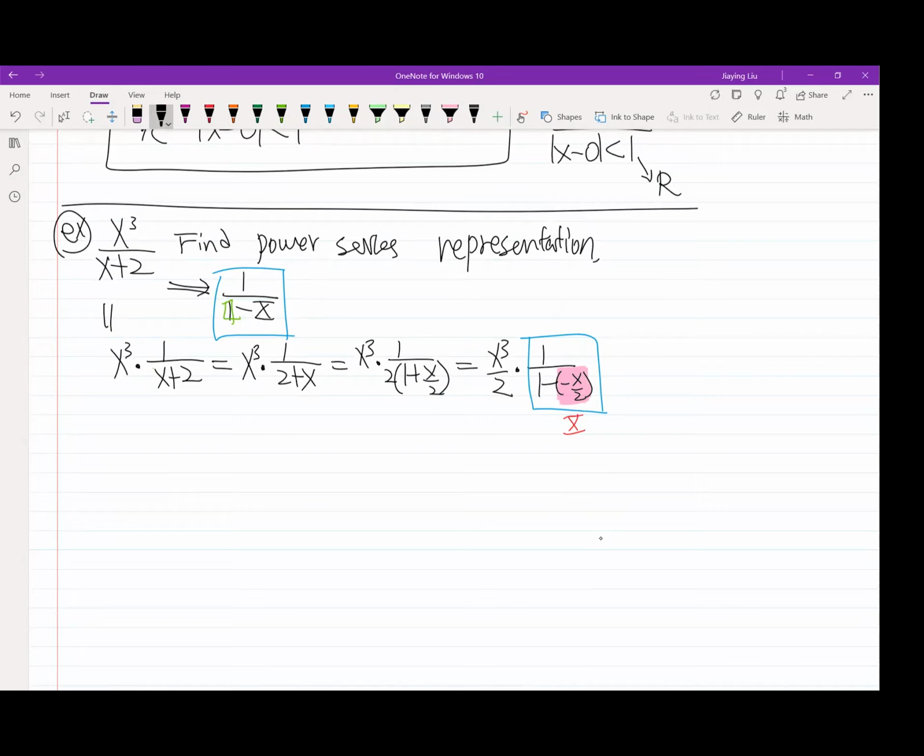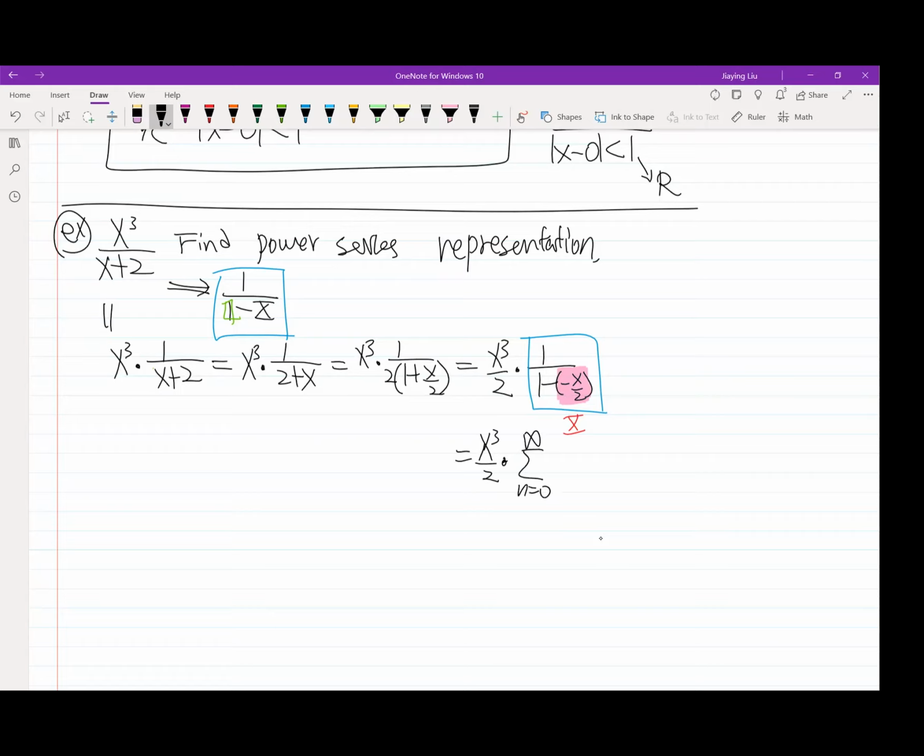So now the one that I boxed in blue here, that's 1 over 1 minus capital X, so that's 1 over 1 minus negative x over 2. So now I can write x cubed over 2 times the one in blue, that becomes sigma n from 0 to infinity.